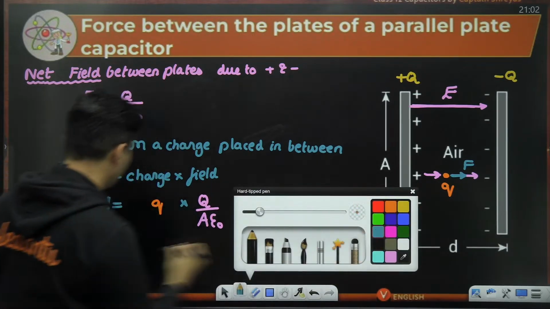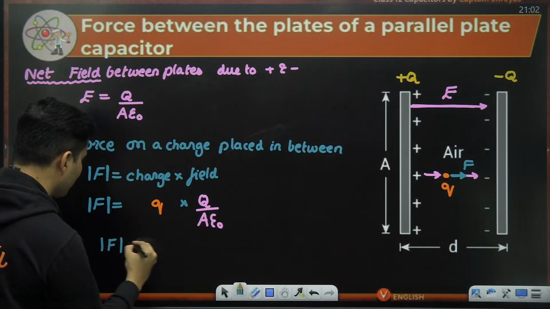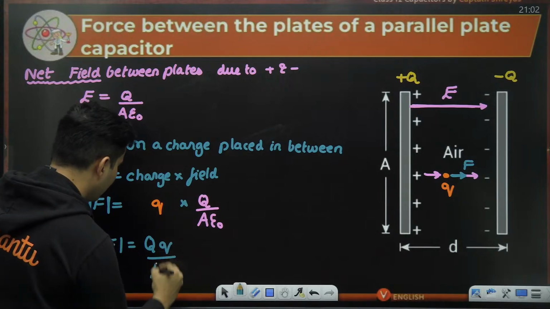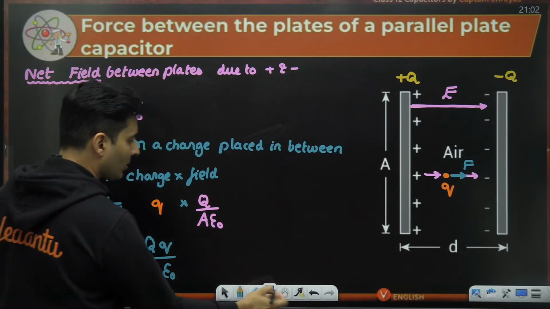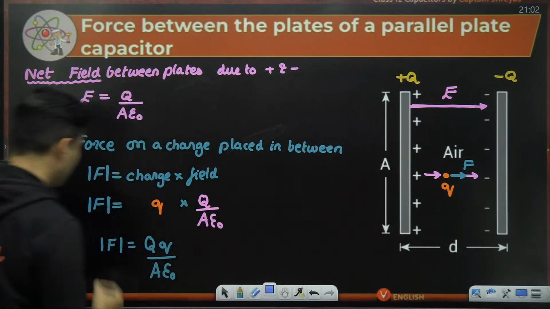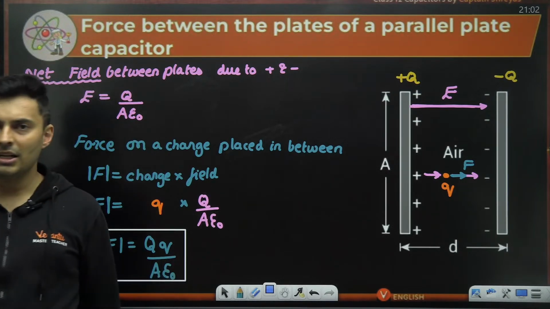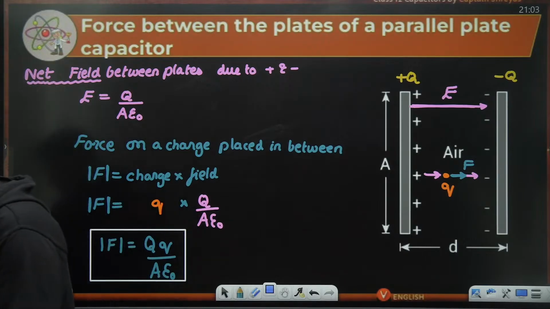So the force magnitude will be nothing but QQ by A epsilon naught. This is a very, very important result. Is this absolutely clear, everyone?